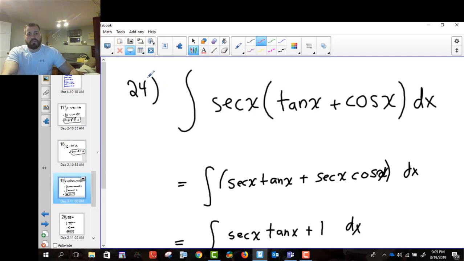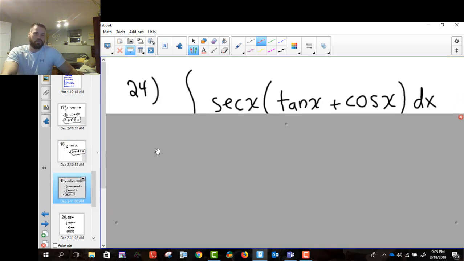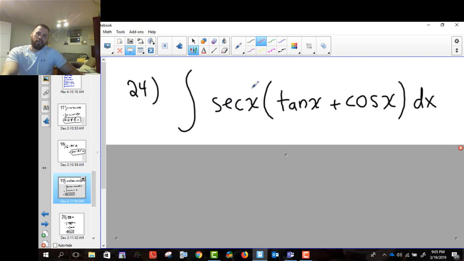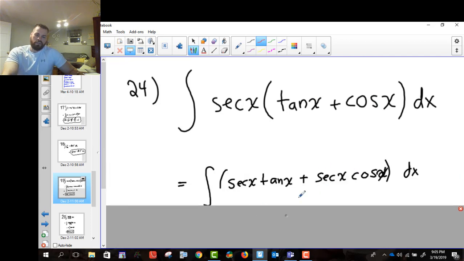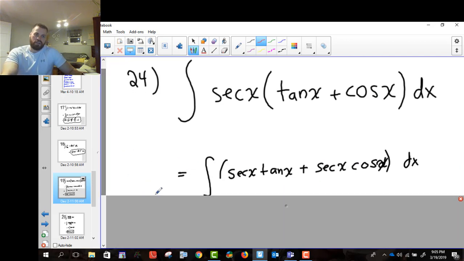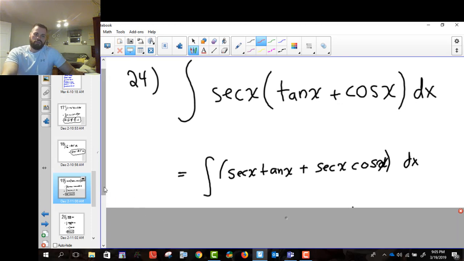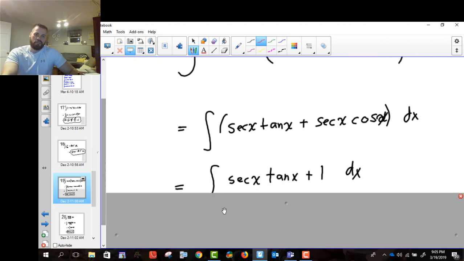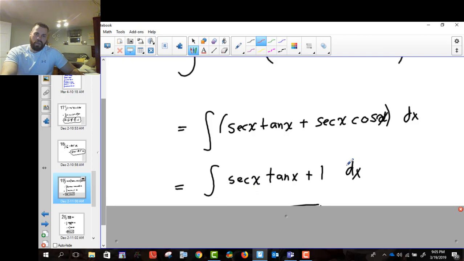If you look at something like this, here's another example. We say, okay, well, this one's a trig one. I can't integrate a product, so I'm going to multiply first secant x tangent x, and then I get secant times cosine. Secant x tangent x can't reduce, really, but secant x times cosine x can, so I'm going to make it 1. And then I'm going to integrate secant x tangent x.